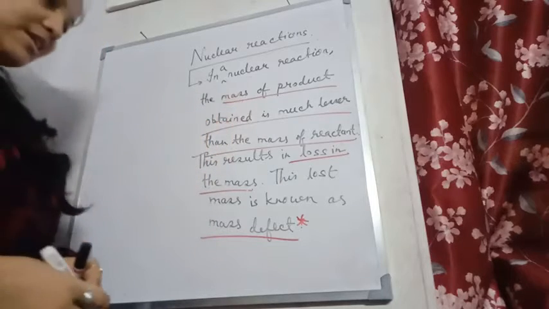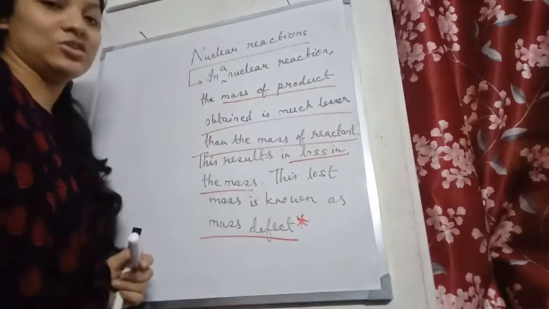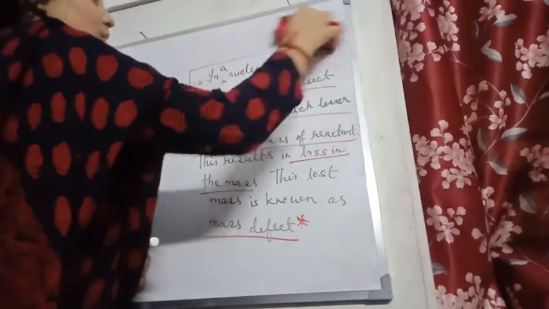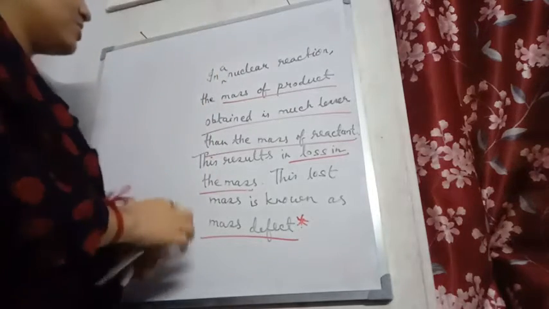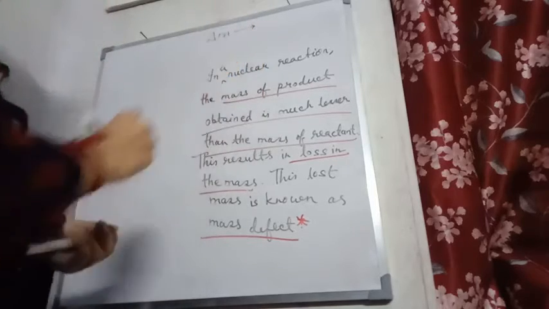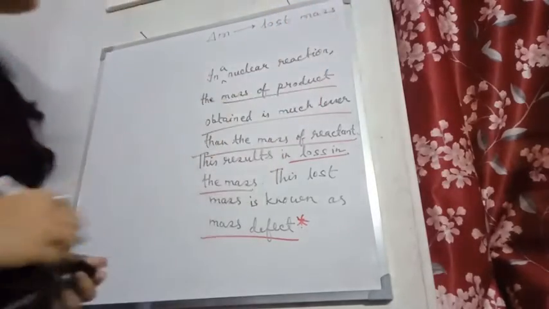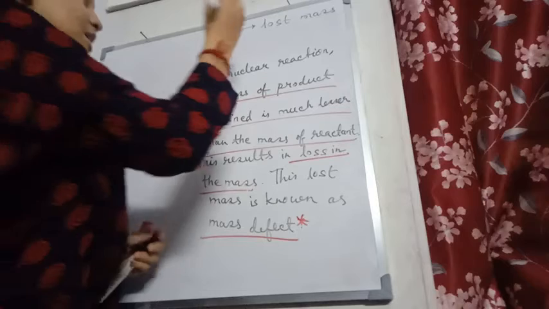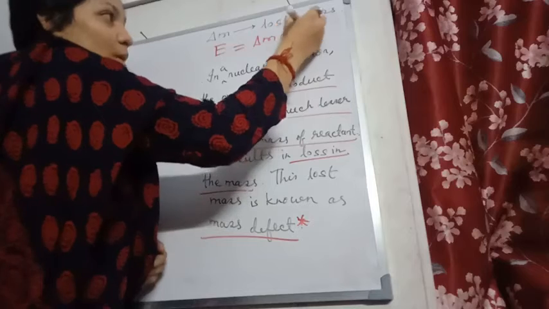This lost mass can be converted to energy, given by Einstein's equation. Delta M is the lost mass. This lost mass we will convert to energy by Einstein's relation E equals delta M C square.